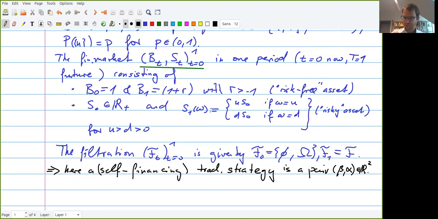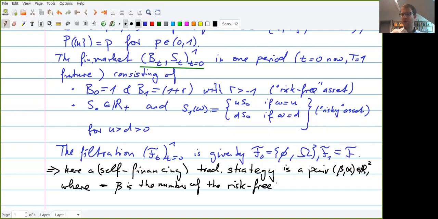And this is more to recall it. So beta is the number of the risk-free asset which we hold.